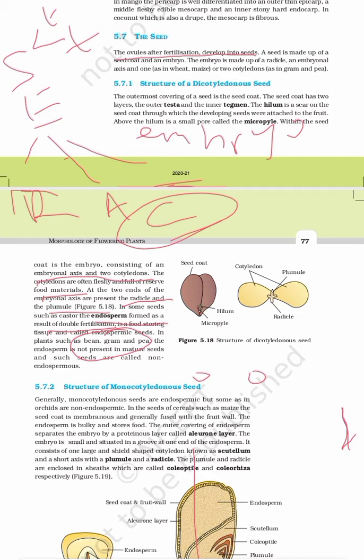So this type is endospermic, like gram, bean, pea. Endosperm is not present in the mature seed. As I have told, once it matures, the endosperm gets used up. So these are called non-endospermic seeds.